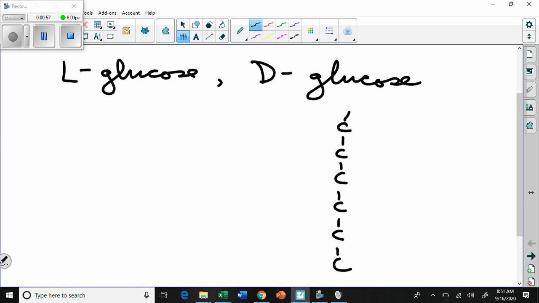The top carbon has the carbonyl group on it. The bottom carbon is just the CH2OH part. And then what we have to do is look at the occurrence of the hydroxyl functional groups along the side of the molecule.